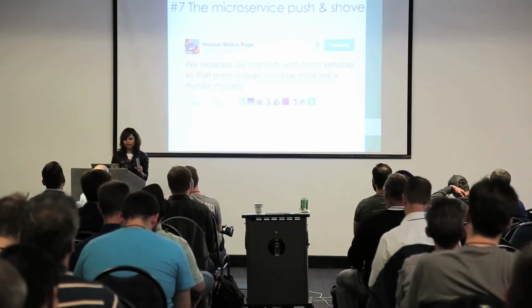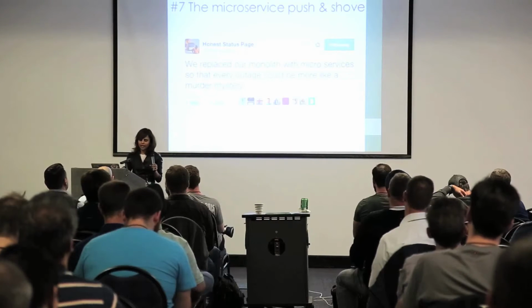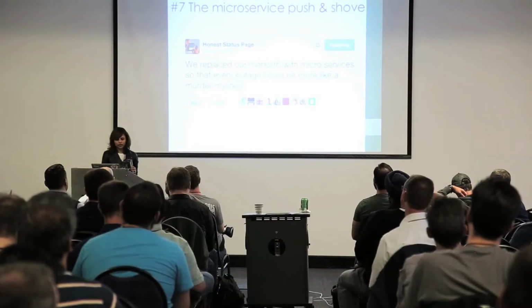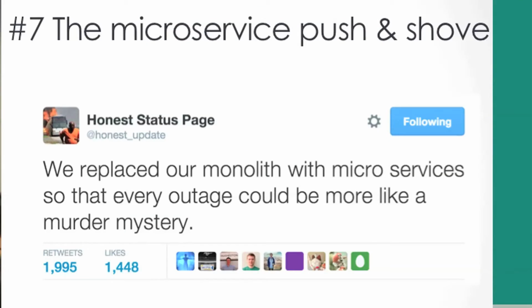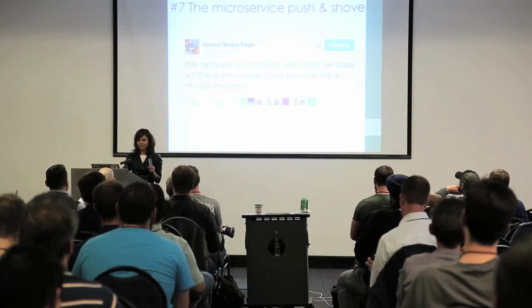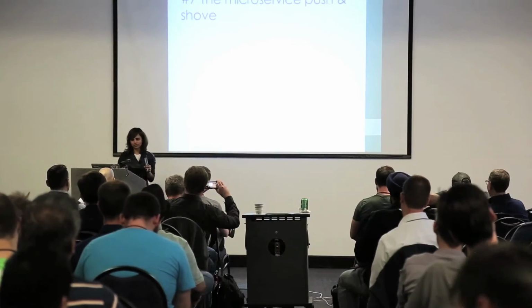So this is something I saw on Twitter the other day: we replaced our monolith with microservices so every outage could be more like a murder mystery. Unfortunately, this is a very, very common problem. So what is the best way to solve this?